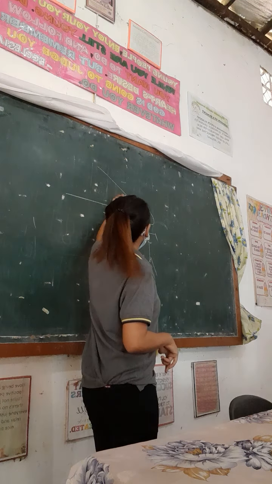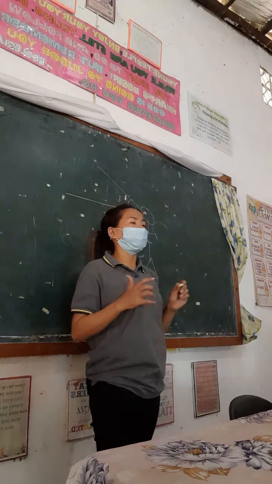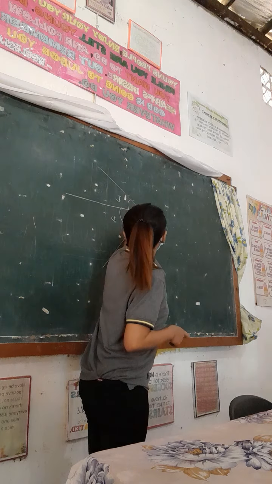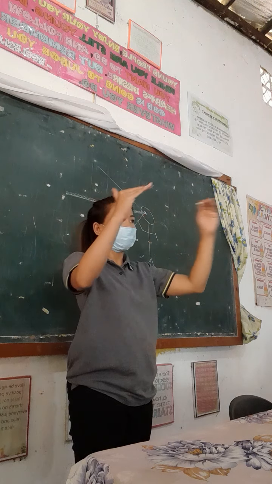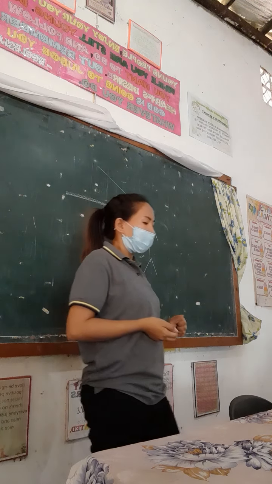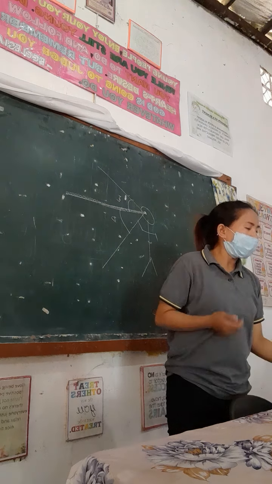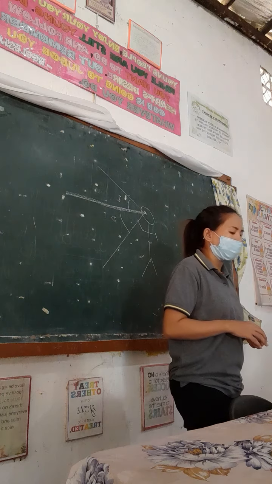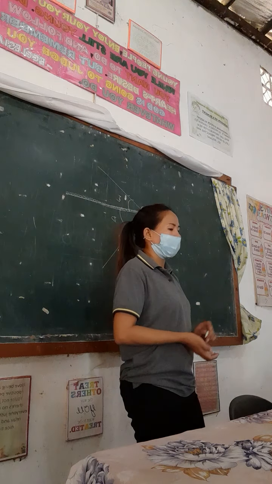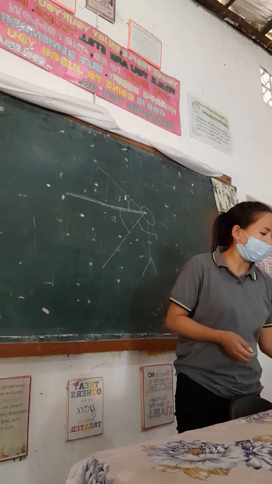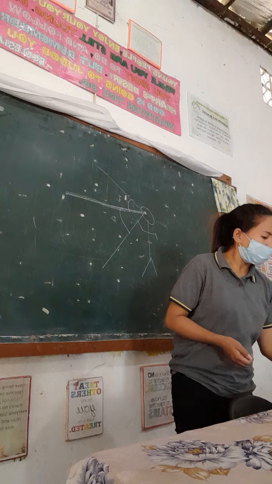Please do remember that the horizontal line here is your line of sight. The line of sight is the imaginary line that connects the eye of the observer to the object being observed.